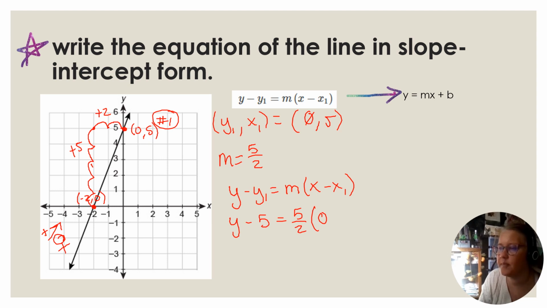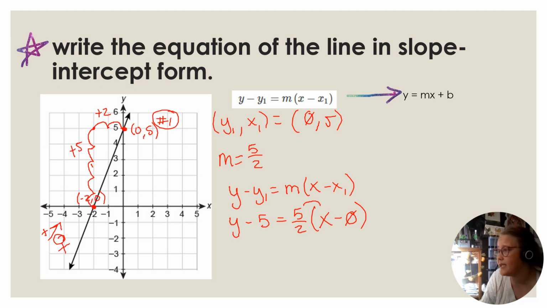Hold on, back it up. I put that 0 in the wrong place. That should be my regular x. Sorry, x minus x1, which is 0. Nothing, nada, zilch.